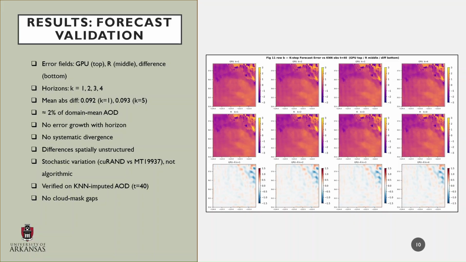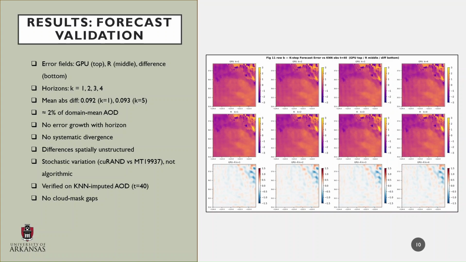Critically, there is no error growth with forecast horizon, which tells us the GPU pipeline does not accumulate numerical drift over time. There is also no systematic spatial divergence. The differences are spatially unstructured and random.